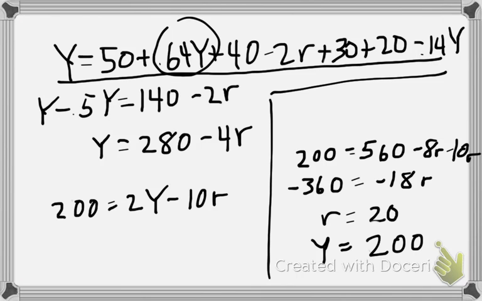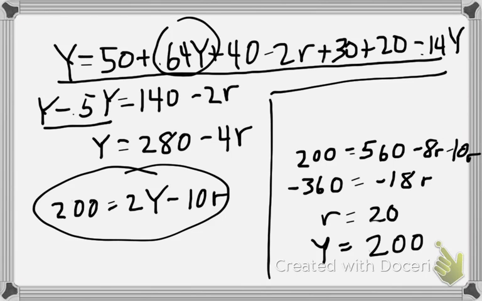So we have y minus 0.5y equals 140 minus 2r, and y minus 0.5y is 0.5y, a half y, so we multiply everything by 2, and we get y equals 280 minus 4r. So that's our IS curve.